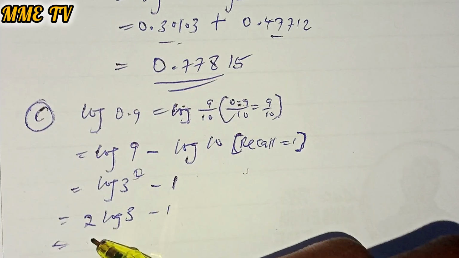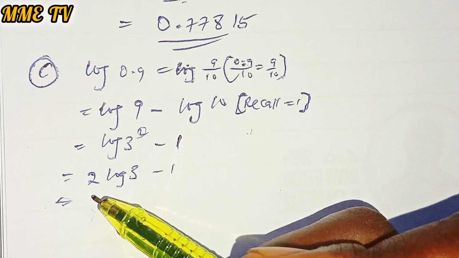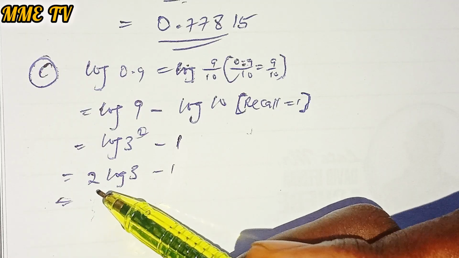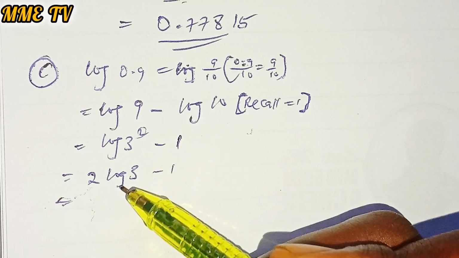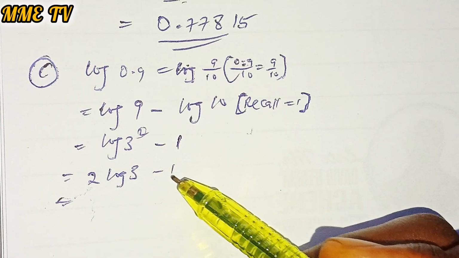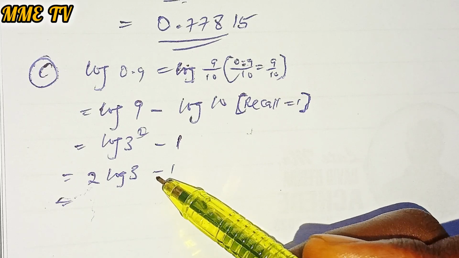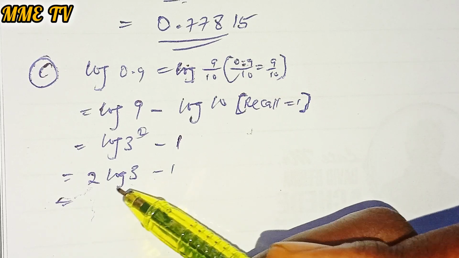Now, this 2 that you're seeing here is on its own. It's not having any log attached to it. But this 3 here has a log attached to it. This number here belongs to this.